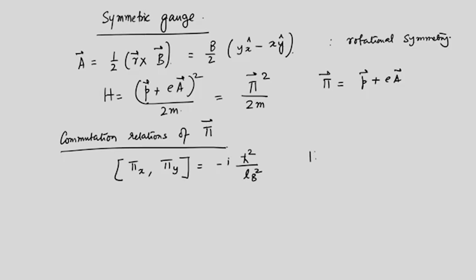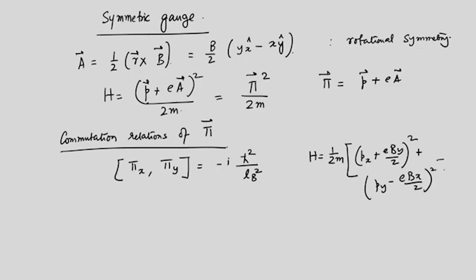So, let me write down the Hamiltonian. The Hamiltonian is 1 by 2m, times (Px plus eBy by 2) squared, plus (Py minus eBx by 2) squared. Okay.